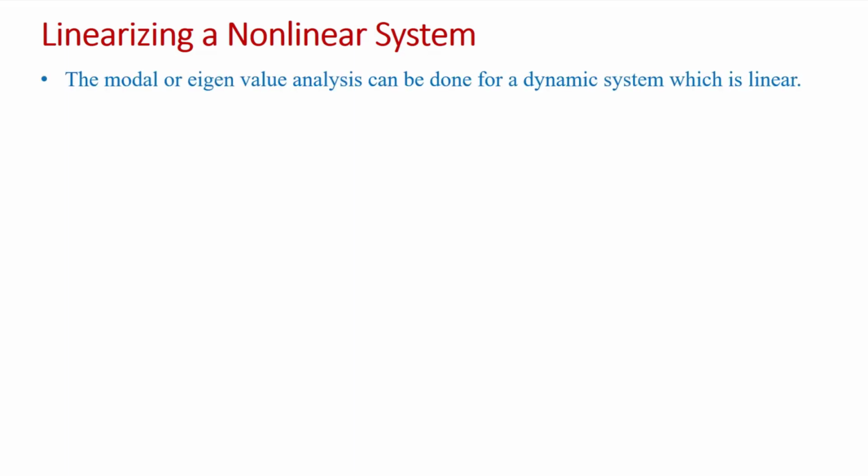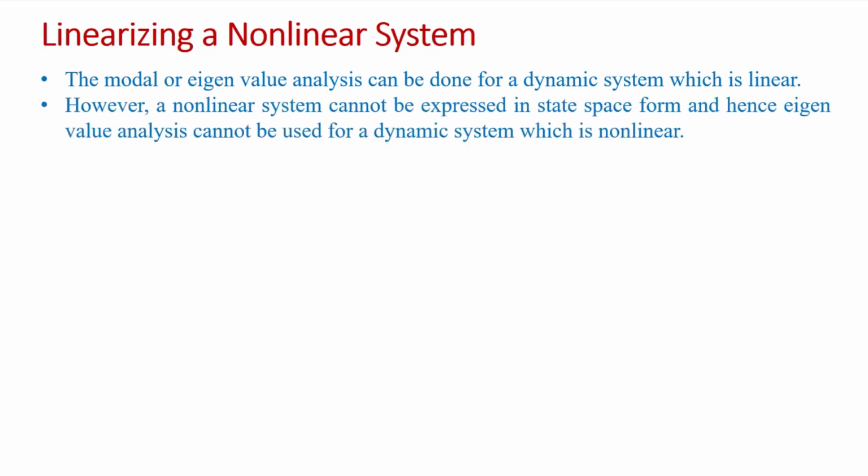Modal or eigenvalue analysis can be done for a dynamic system which is linear. It is not possible for a nonlinear system. Therefore, a nonlinear system cannot be expressed in the state space form, and hence eigenvalue analysis cannot be used for a nonlinear dynamic system, right?